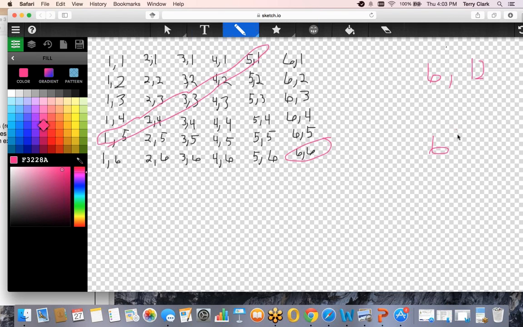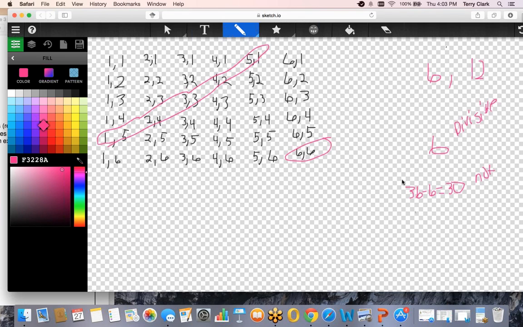So there are 6 that are divisible by 6 or 12. The ones that are not are going to be whatever's left over. So that's going to be 36 minus 6, which is 30. So not is going to be 30.